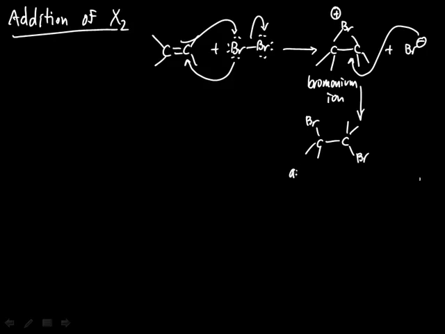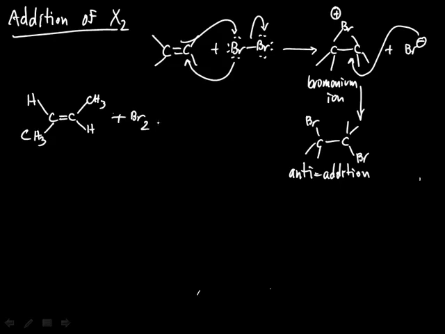And so what results is this anti-addition onto the double bond, again consistent with the backside attack. To look at an example of this reaction, we could react this trans-2-butene with bromine, and this will give us a backside attack, but the stereochemistry of the alkene will be preserved in this conformation of the dibromoalkane.